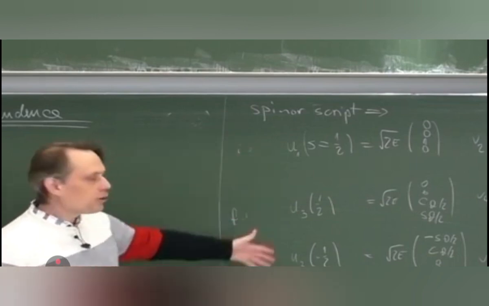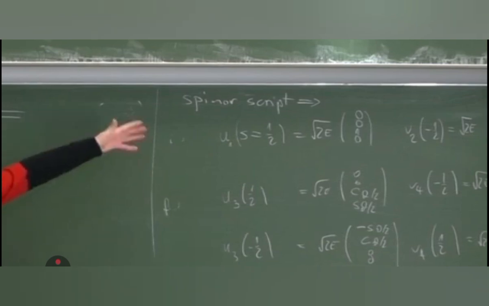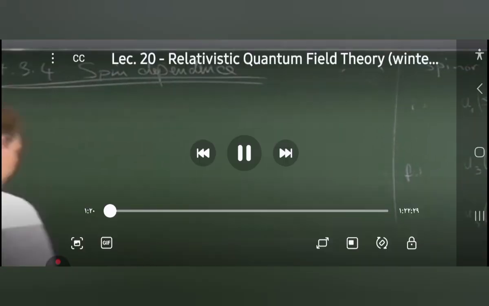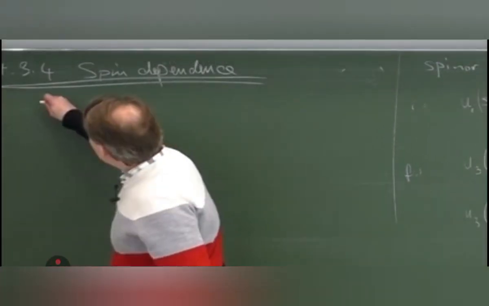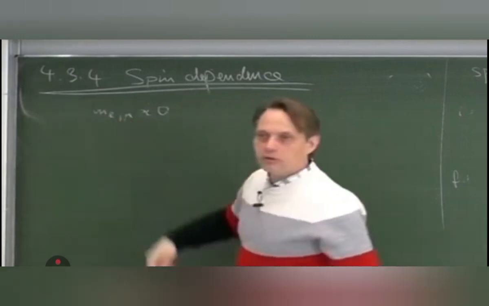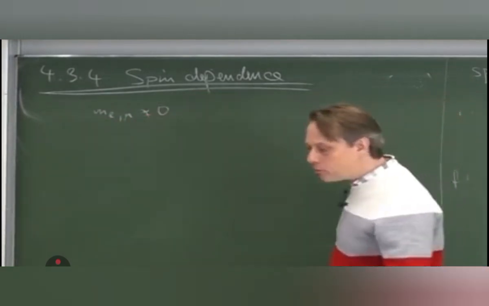Here I wrote down a copy of the spinors for massless spin 1/2 particles, which is a copy of our spinor script. And we can use them now in our calculation and the physics discussion. So the case we are now considering is that the masses of all particles are 0. We will do the exactly massless limit.